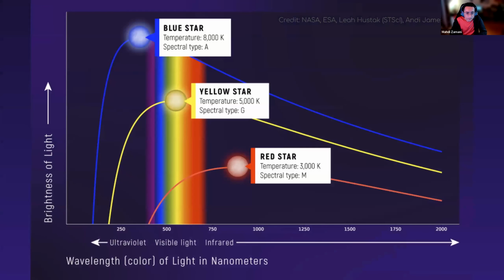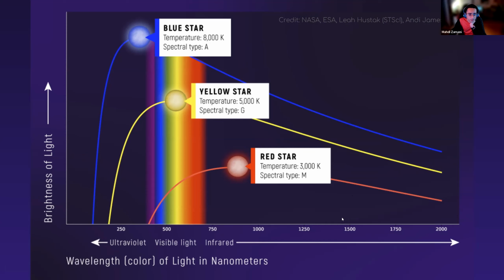So what about colors in Webb images? First, let's start with how stars would look in Webb images. We talked a bit about the black body spectrum. This is one of the very important things for understanding what kind of stars emit how much light in what part of the spectrum.